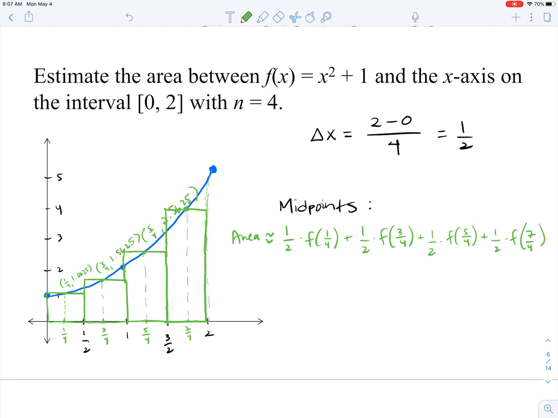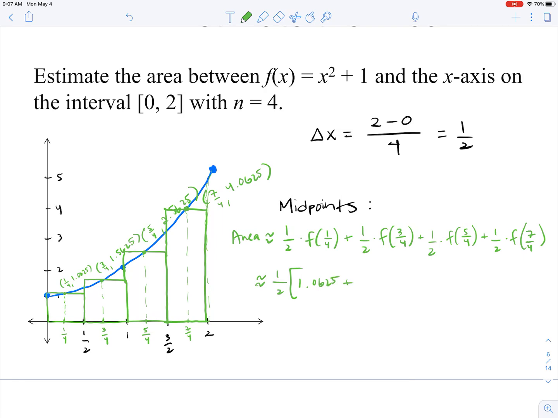So 1/2 times f of 7/4 would give us the area of that last rectangle, and that point on the curve would be 7/4 comma 4.0625.